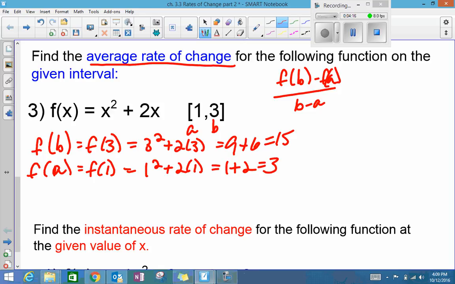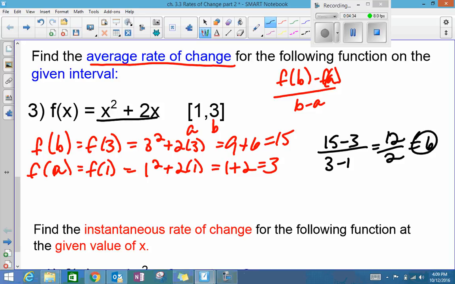So now we fill out our formula, and we've got f of b minus f of a over b minus a. 15 minus 3 is 12 over 2, so we get 6. So the average rate of change of this function over the interval 1 to 3 is 6.